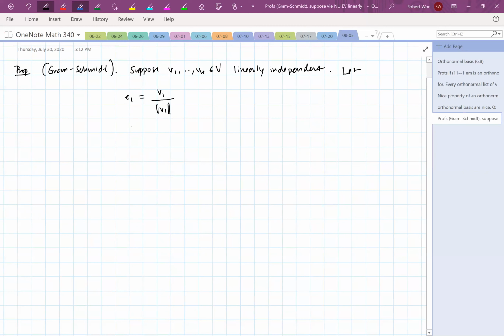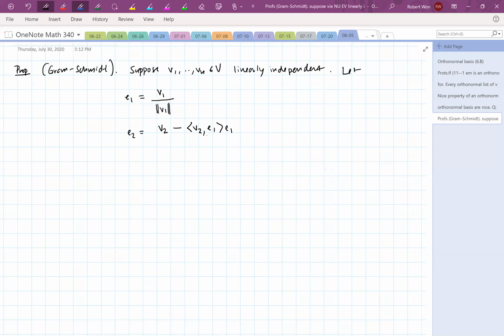Okay, what is E2? E2 is you take V2 and you subtract off the inner product of V2 with E1 times E1. Okay. And then the vector that I've just written down is going to be orthogonal to E1.